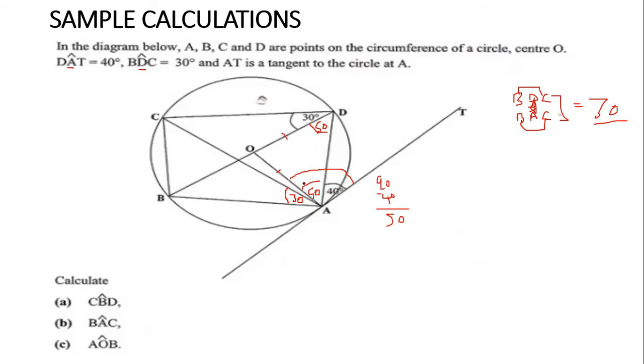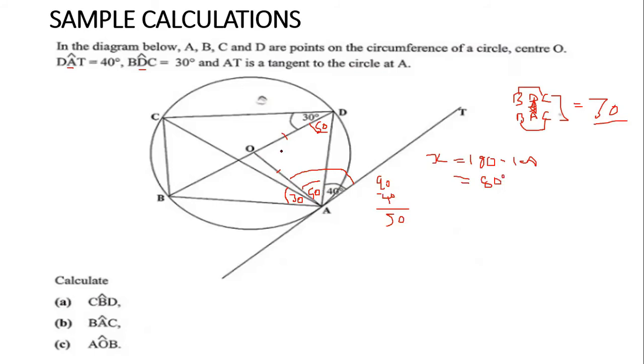Now, in a triangle, angles add up to 180. So I'm adding 50 plus 50, which is 100, plus this x is equal to 180. So x is equal to 180 minus 100. This one will give me 80 degrees.